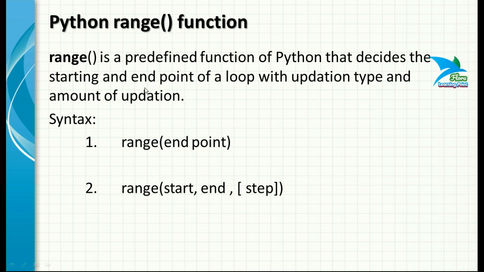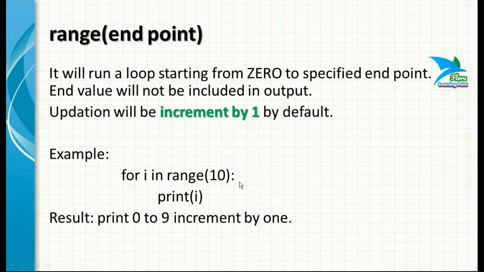So we have two different overloaded forms of the range function. First is the range function with one parameter, that is the endpoint, and next is the range function with three parameters. First we'll decide the starting point, then the endpoint and step statement. We'll discuss these functions and their syntax in next slides.